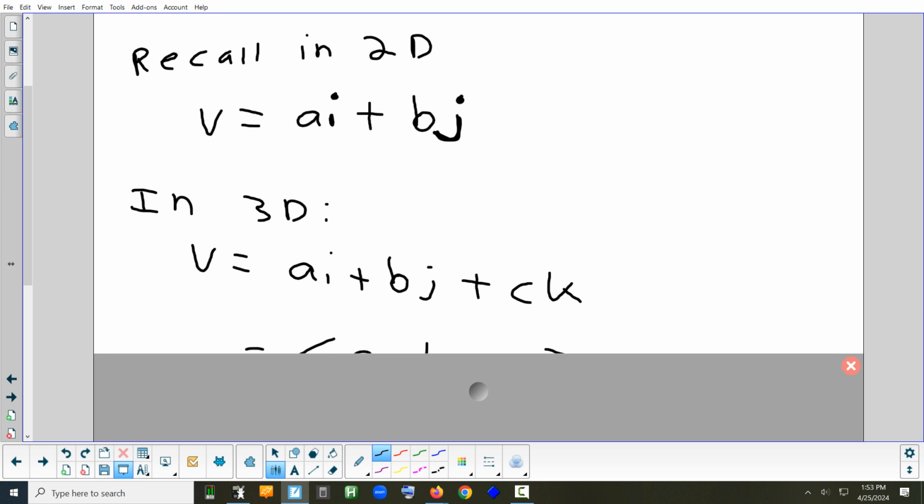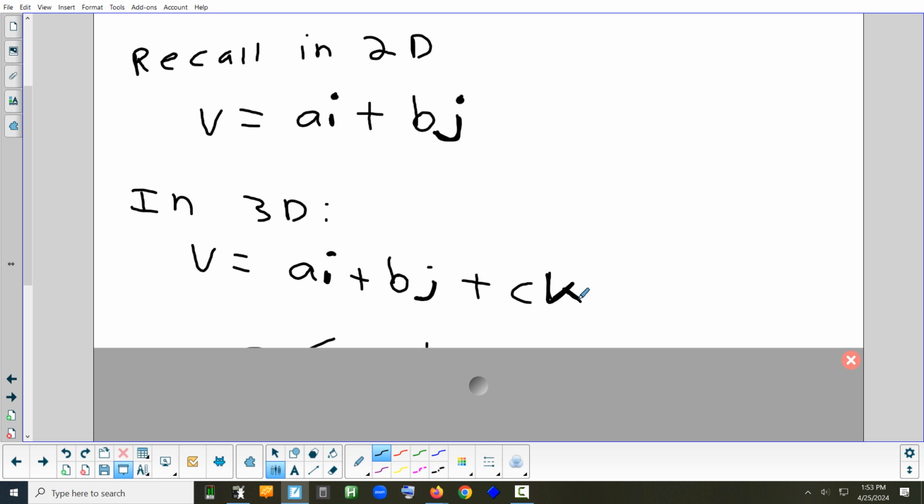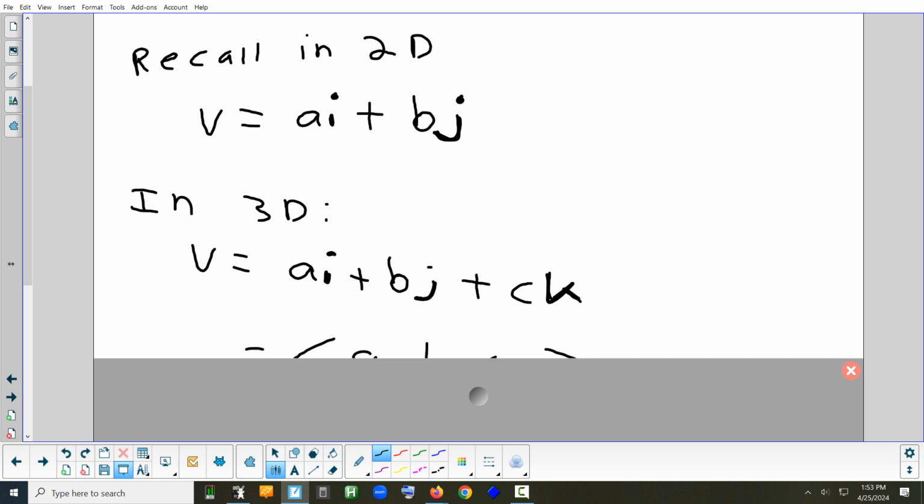So now in 3D, i still points in the direction of the positive x-axis. j points in the direction of the positive y-axis. And k points in the direction of the positive z-axis. So now we can stack together i's, j's, and k's, and we can build any kind of vector we want.